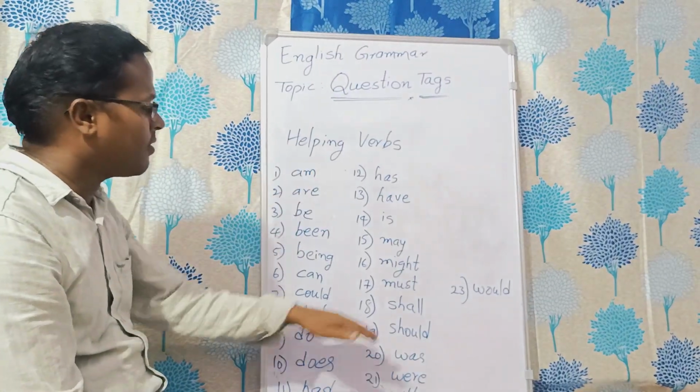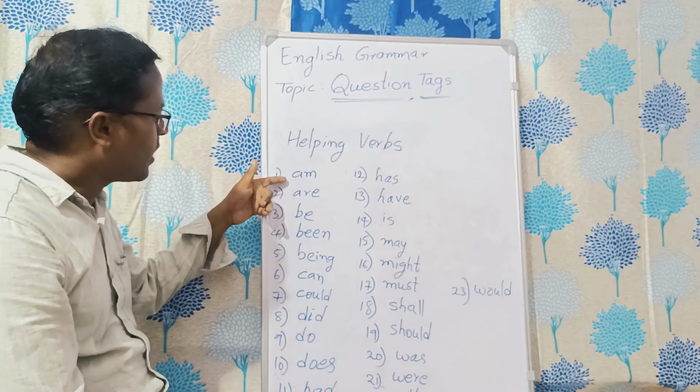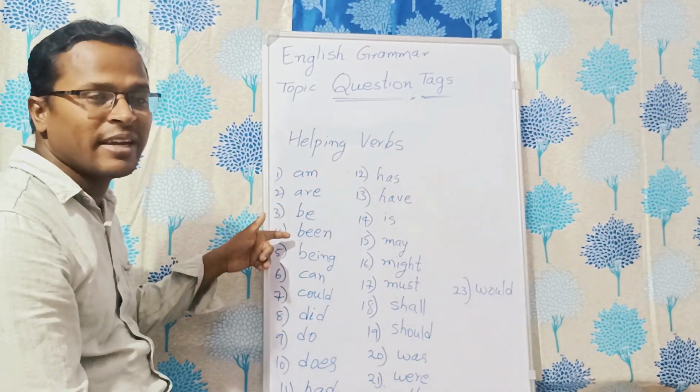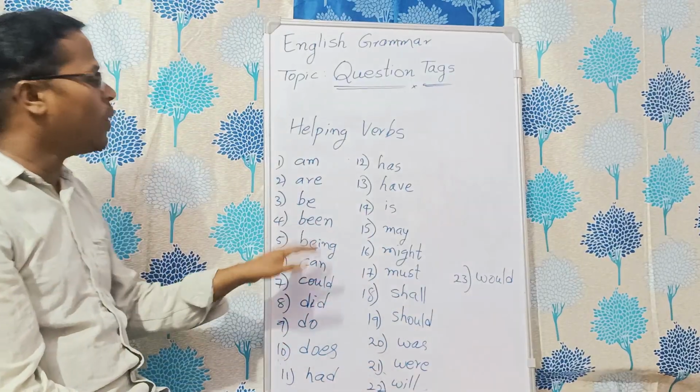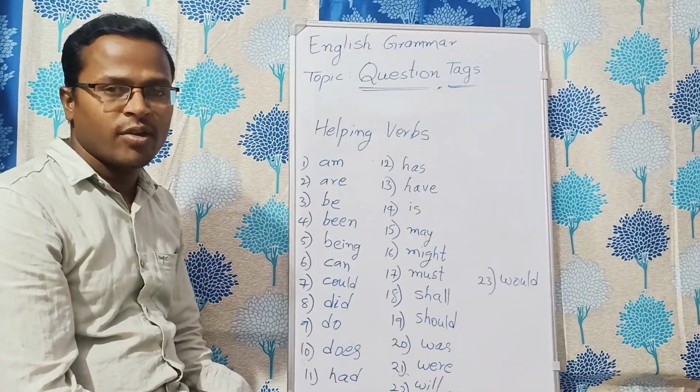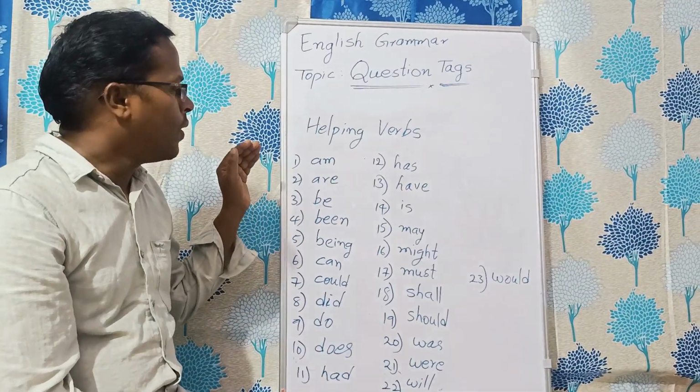These are very important helping verbs. That's why I wrote them in alphabetical order, A to W. All these helping verbs are very, very useful. You have to learn them.